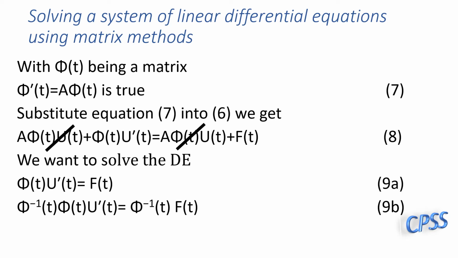So looking at 9b, if you know about linear algebra, you know you have to take the inverse of that matrix on both sides, because the matrix may not have a commutative property. And you solve for u prime, and u prime is actually a matrix differential equation.